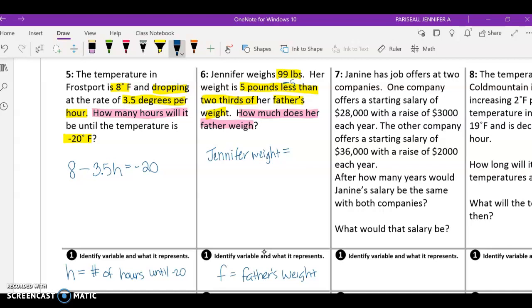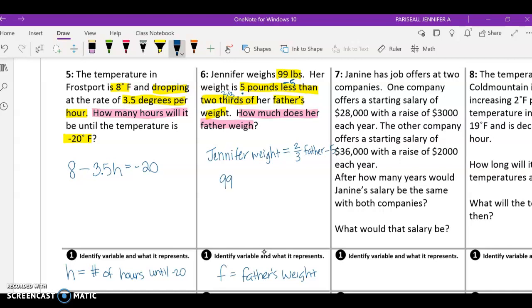So this really means -5. 2/3 of, anytime you've got fractions, 2/3 of means we're going to multiply. So we're going to take 2/3 of her father's weight, 2/3 of dad, and then we're going to take 5 away from that because it's 5 pounds less than whatever that is. So now if we've mapped it out in words, let's put that together with all of the numbers.